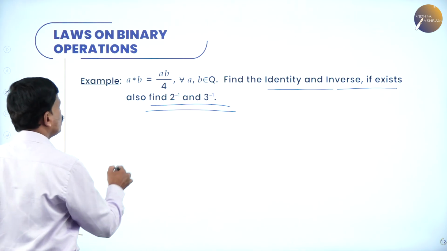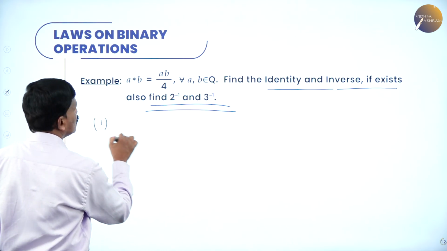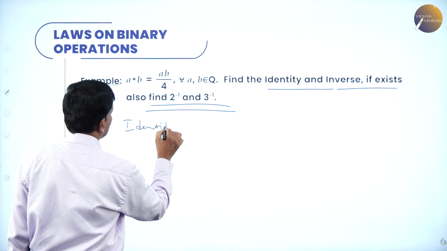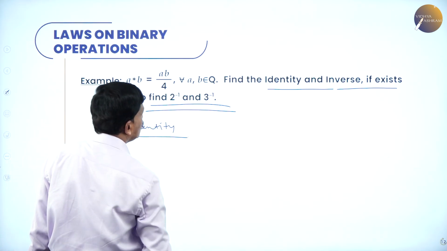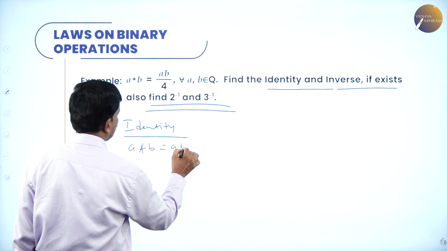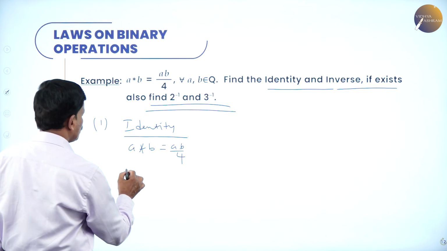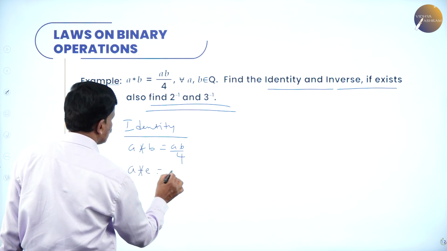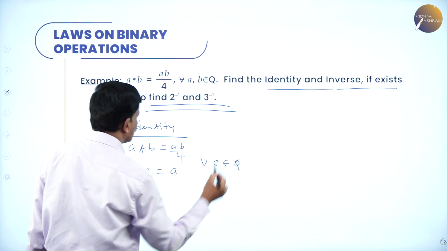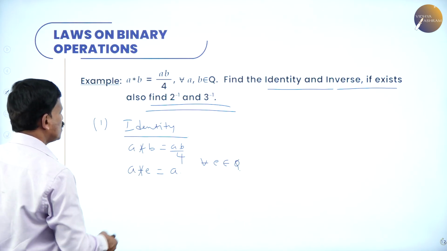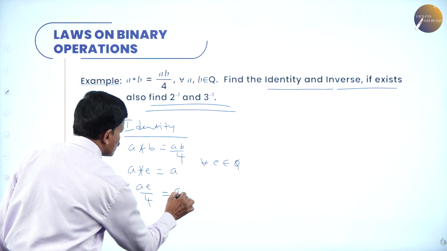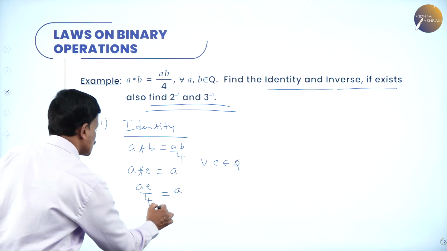Now, let us come to the problem. First, the identity property: the identity law, existence of identity element. What is given? A star B is equal to AB by 4. What is the identity property? A star E is equal to A for all A belongs to Q. So, A star E can be written as AE divided by 4 is equal to A. Cross multiply this.